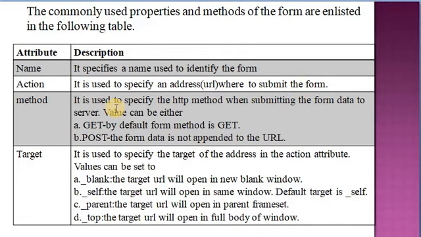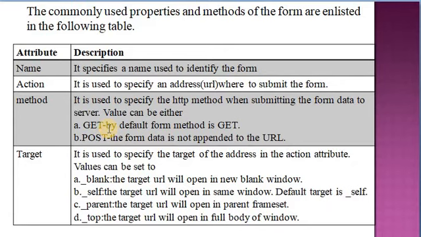Next is the method attribute. It specifies the HTTP method, such as get and post, used when submitting the form data to the server, and the value can be either get or post.